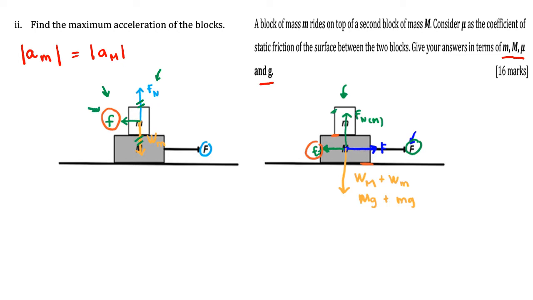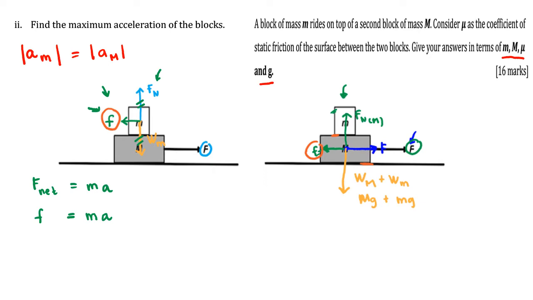Okay, so if we start with Newton's second law, F net is equal to ma, then we could say that F net, which is the only force that results in an effective motion, is equal to friction, and that is equal to m, the mass of the smaller block, multiplied by its acceleration.